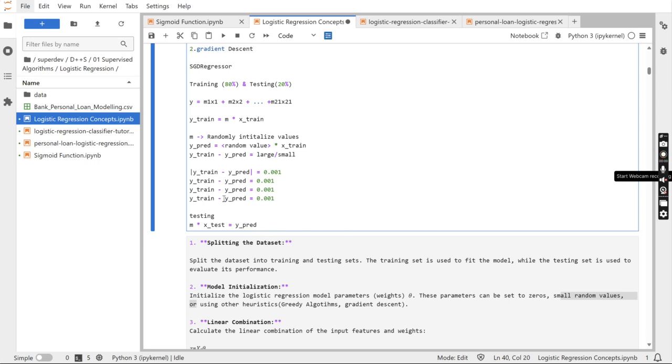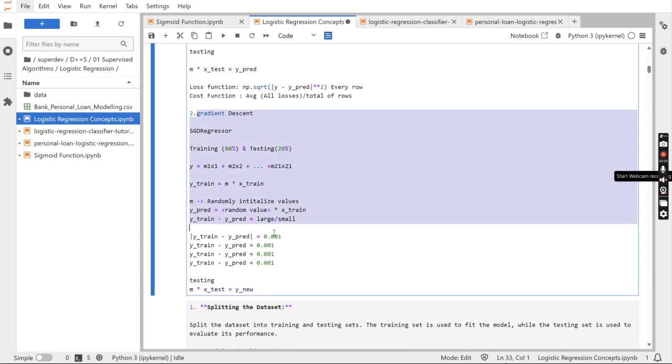So this is the process of getting the y new value, to avoid confusion. This way you will do the gradient descent part.